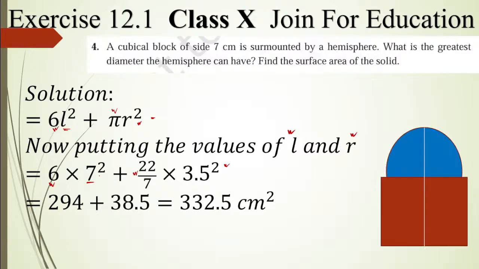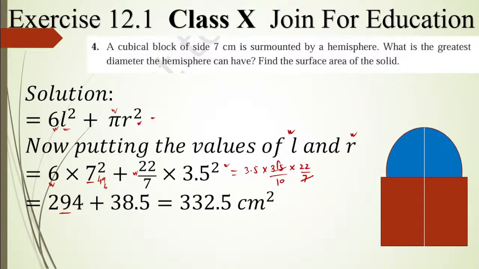So this one will be 49 into 6. So 49 into 6 equal to 294, and here we cancelled out, then we get here 3.5 into 3.5 into 22 by 7. So here will be 10.